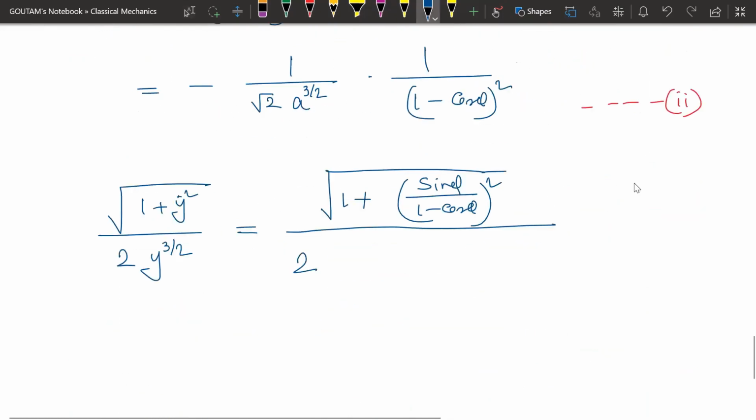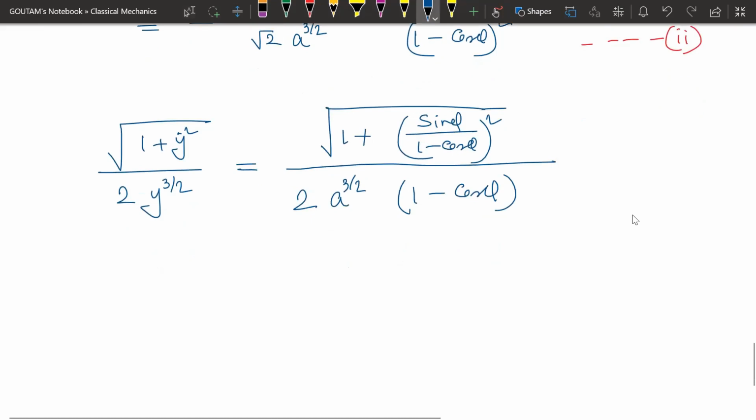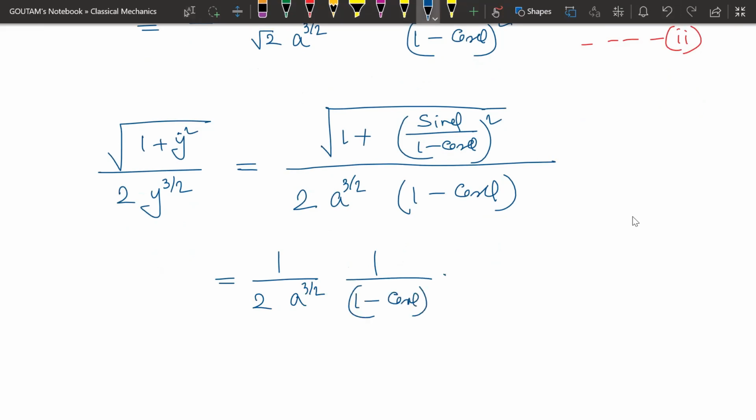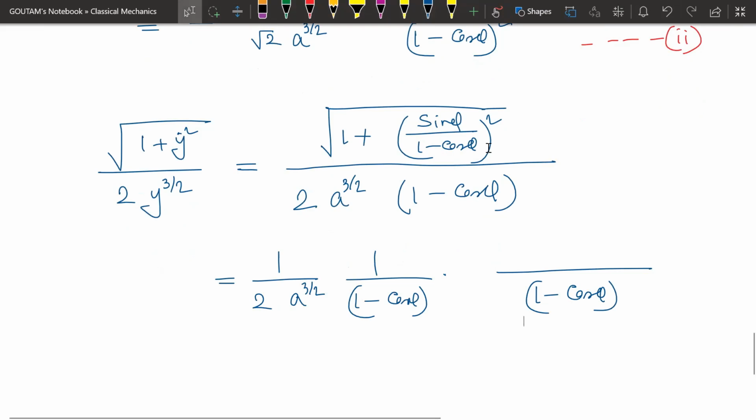So there will be a to the power 3 by 2 times 1 minus cos phi, which will be 1 by 2 a to the power 3 by 2, and here there will be 1 by 1 minus cos phi, and here it will be 1 minus cos phi square, but there is root also.